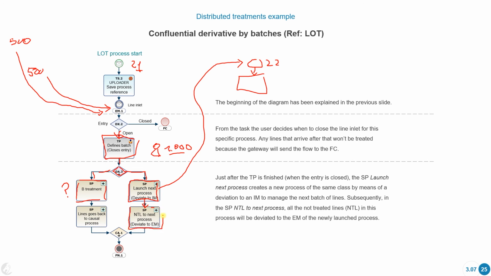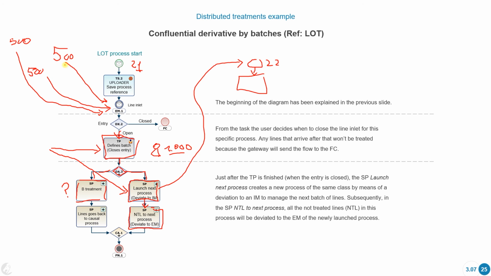Because it is possible that between this moment here and this moment down here, and I know this is going to be really fast, it might be less than half a second or a millisecond, very little time, but let's say in the meantime another 500 lines entered. So now we created a batch of 1,000 lines, another 500 lines entered, and when the flow is deviating, it creates a new process.